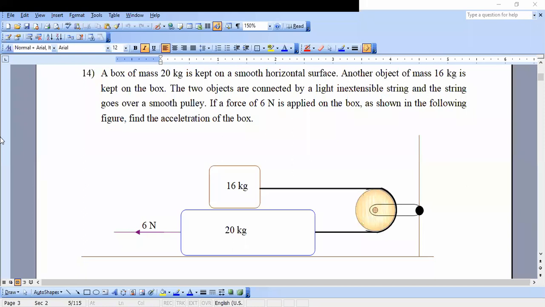Another object of mass 16 kg is kept on the box. The two objects are connected by a light inextensible string, and the string goes over a smooth pulley. If a force of 6 Newton is applied on the box, as shown in the following figure, find the acceleration of the box.